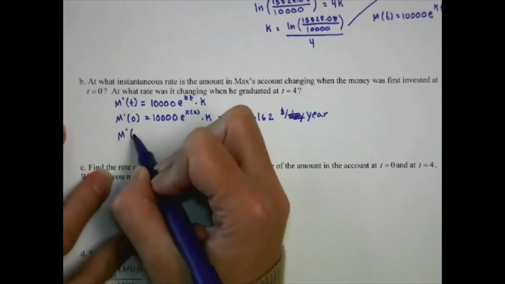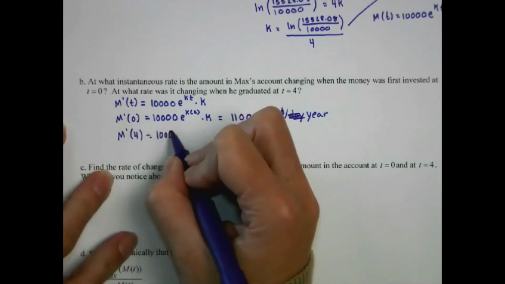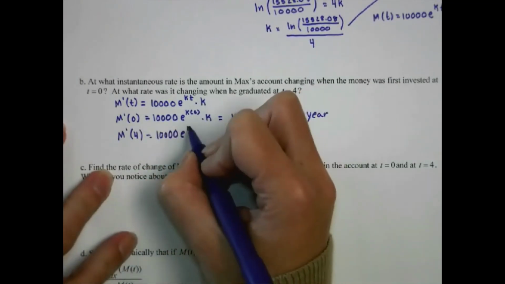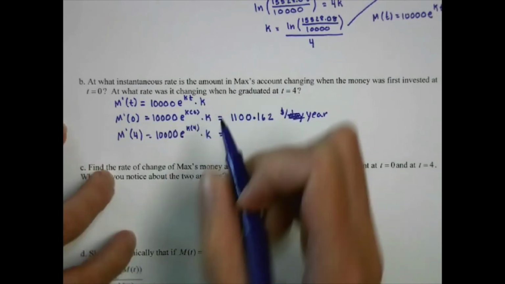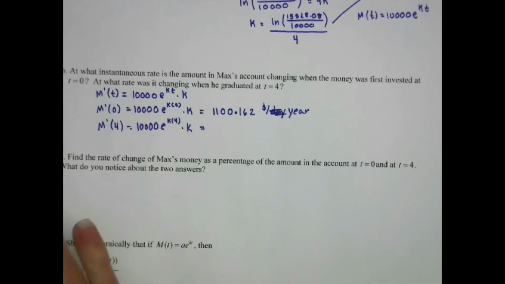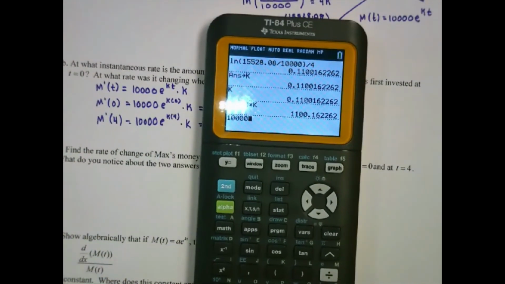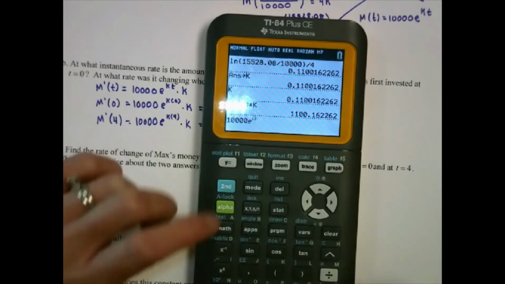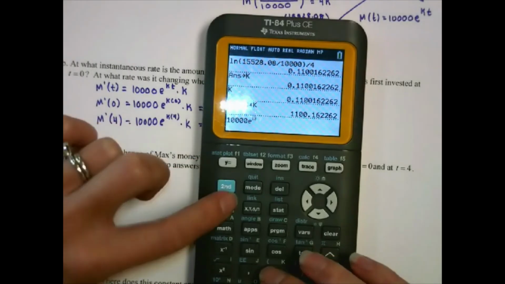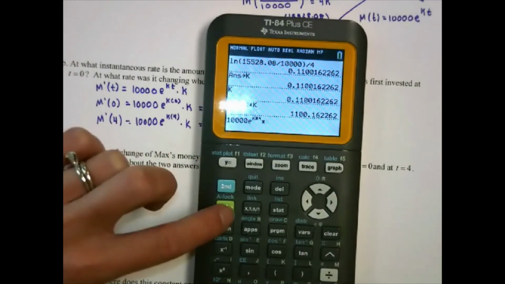What about at 4? So that's going to be 10,000 e to the k times 4 times k. Again, k is that stored value. Use the calculator. 10,000 e to the k times 4 times k.